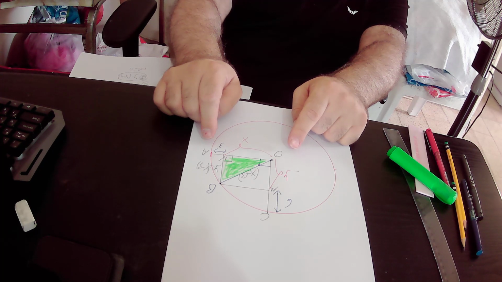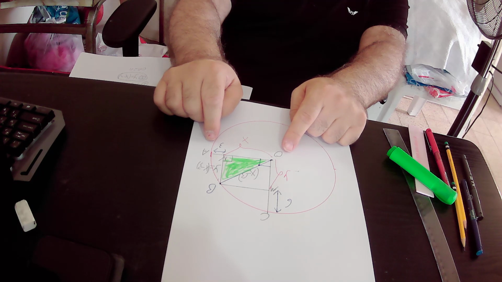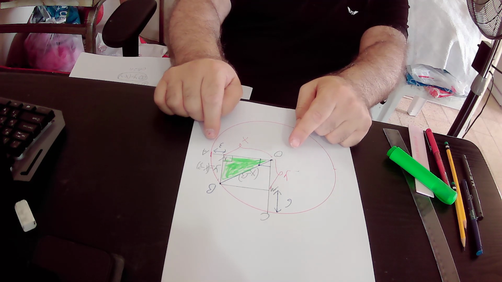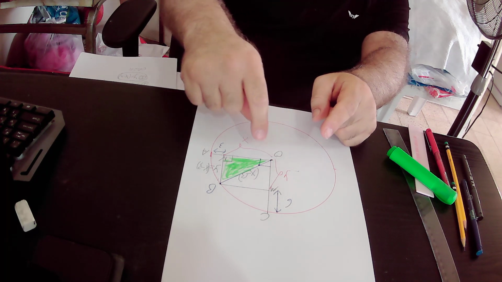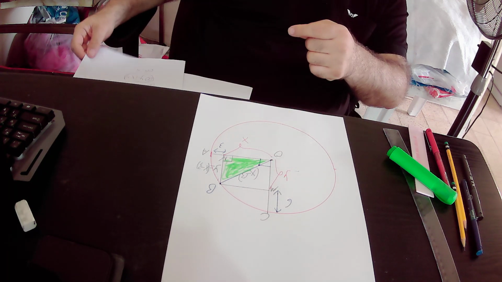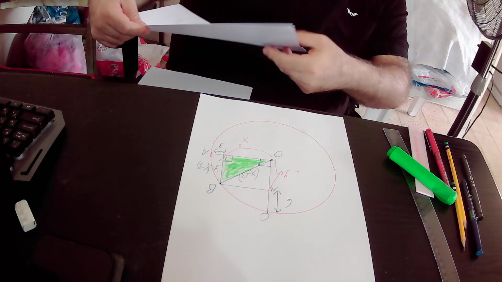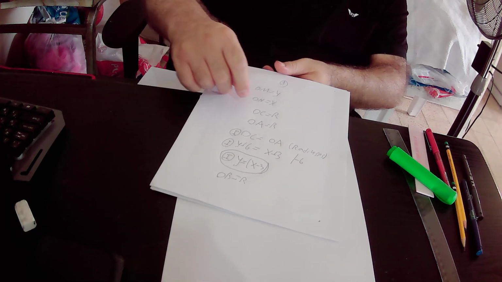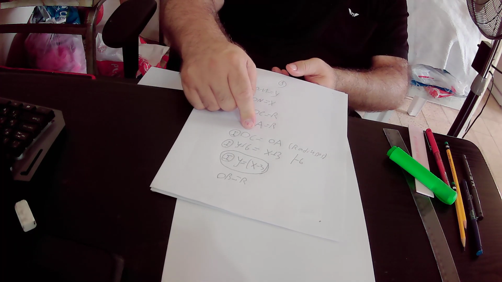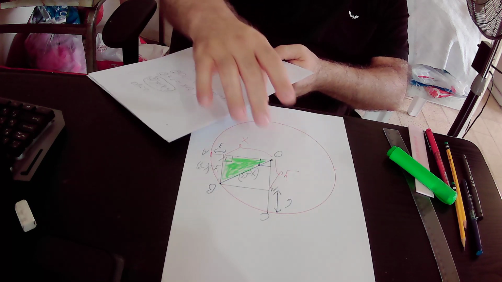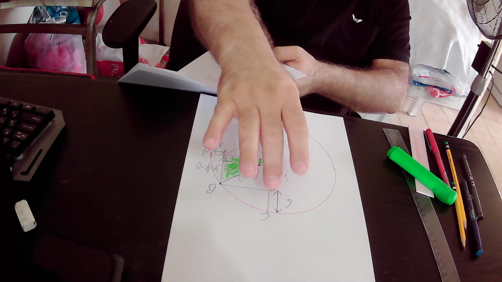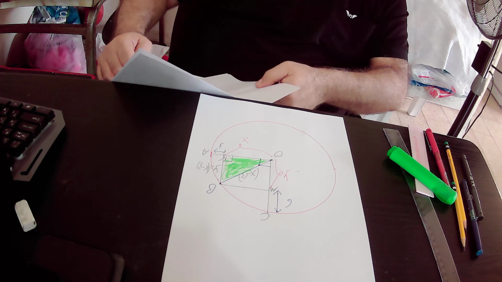So both line segments OA and OC are radii of this circle. For that reason, we can write our first equation: line segment OC equals line segment OA, because both are radii of this red circle.